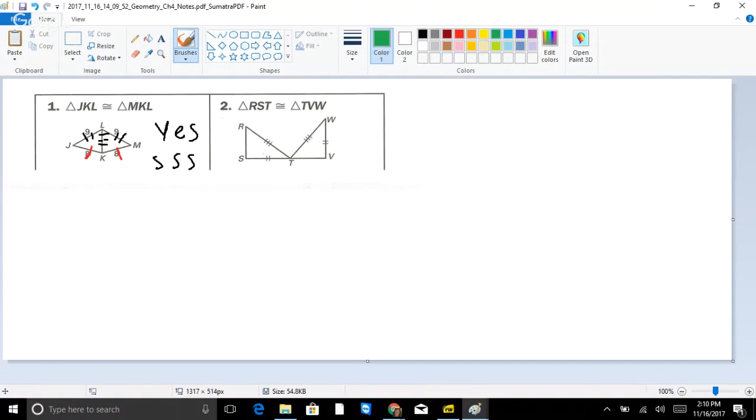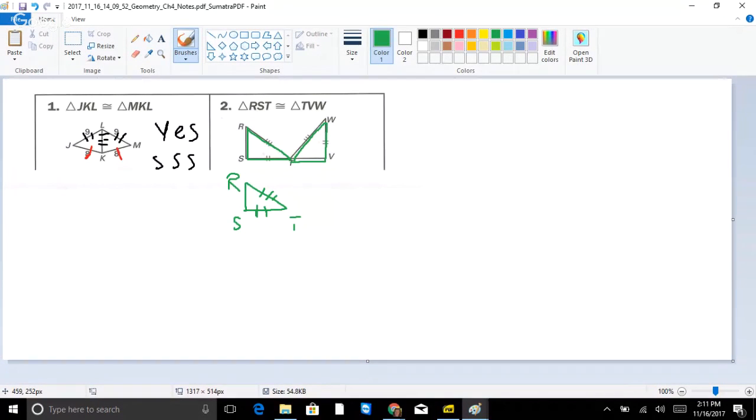All right, so let's look over here. We have triangle RST. Is that congruent to triangle TVW? All right, so this one is actually kind of drawn in a weird way, right? So RST is drawn like this, right? And these two sides are labeled as congruent.